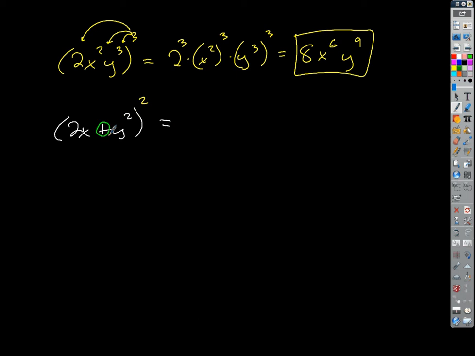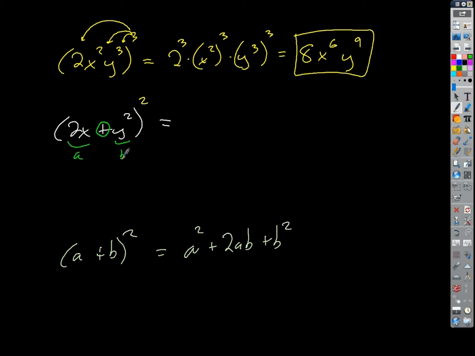Now, we could do this one, though, because we know the pattern. What is our pattern for a plus b squared? A squared plus 2ab plus b squared. Good. So for us, this is like a, and that's like b, right?